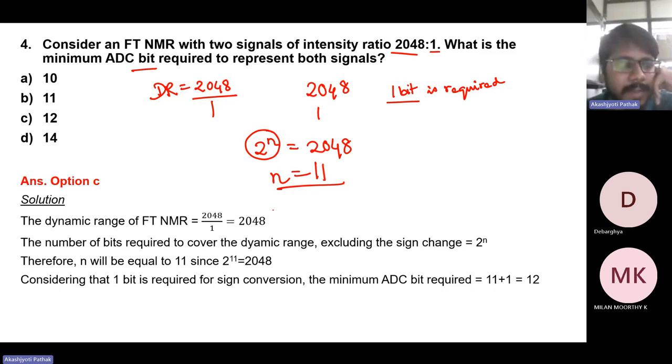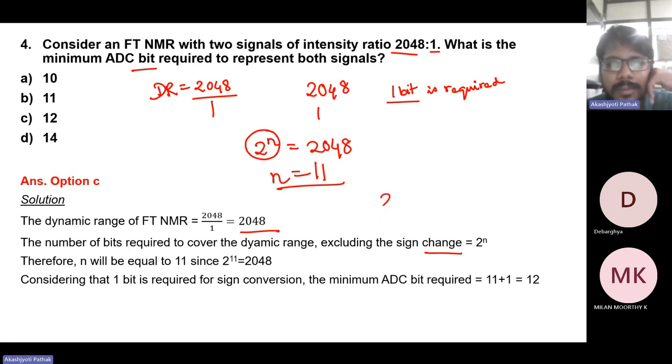So the dynamic range of the Fourier transform NMR is 2048, and we want the number of bits required to cover the dynamic range excluding the sign change. If we exclude this one bit, then the number of bits that will be required will be 2 to the power n.